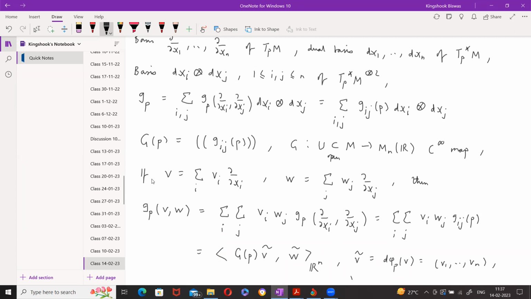And similarly, W tilde is d phi_p of W, which is W1 to Wn.